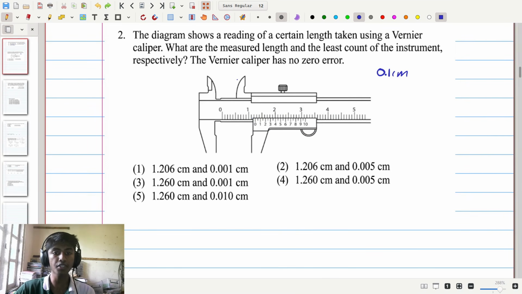Now those 20 divisions match up to 19 divisions on the main scale, and due to that, the ratio between a main scale division and a vernier scale division is equal to (20 minus 19) divided by 20, or 1 over 20.